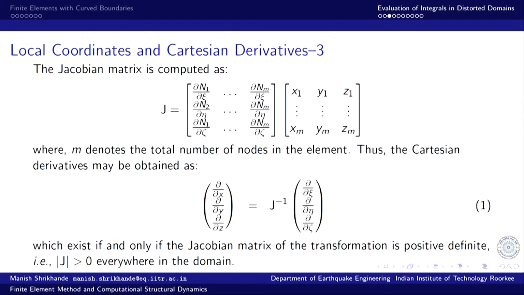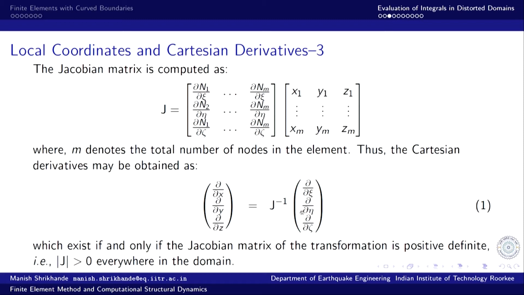Once we have this calculated at the different points, the Cartesian derivatives del over del x, del over del y, del over del z can be simply evaluated as the inverse of this Jacobian multiplied by derivatives with respect to local coordinates, pretty simple. And these local coordinate derivatives can always be computed very easily, because all the primary variables and all the approximations are in terms of the local coordinates xi, eta and zeta.